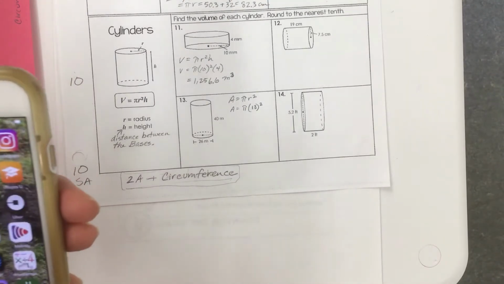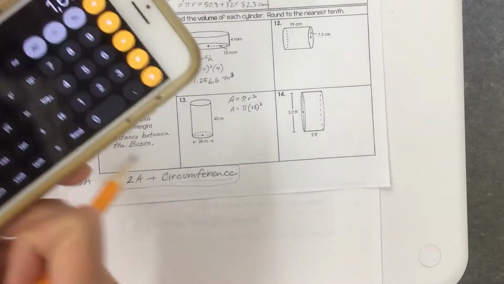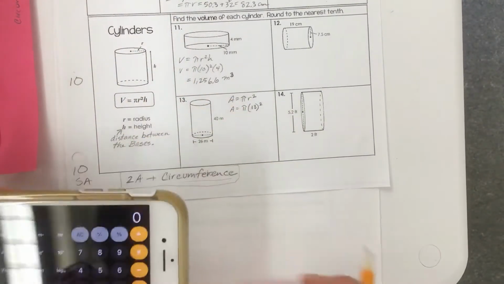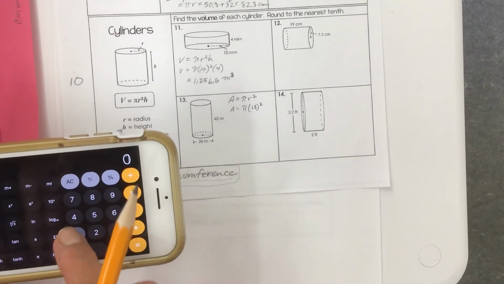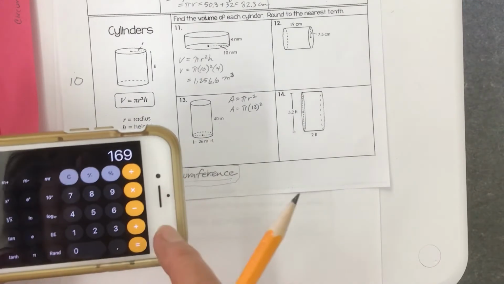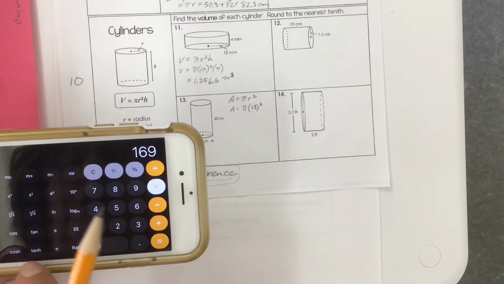Okay, so I'm getting out my calculator. What we're going to do is 13 squared times pi.